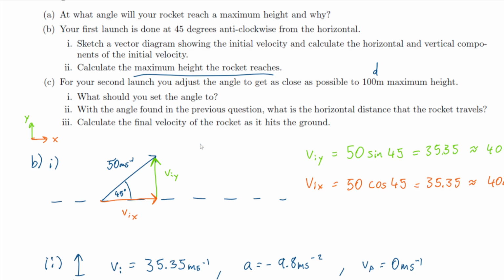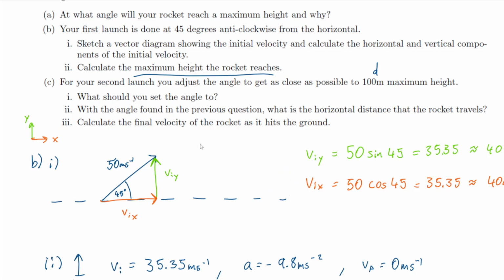So, once more, in a symmetrical problem, so from the ground to the ground, so no elevation change, the initial velocity is equal to the final velocity. However, the angle of 45 degrees is no longer anti-clockwise from the horizontal, it's now clockwise. So it's at a different direction.